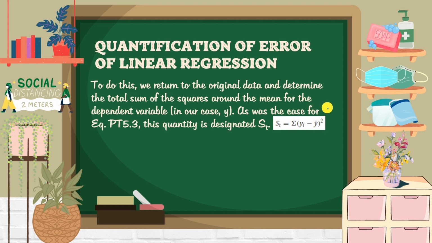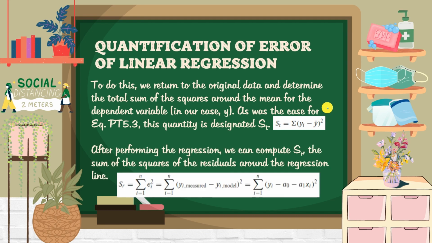This is the magnitude of the residual error associated with the dependent variable prior to regression. After performing the regression, we can compute S sub r, the sum of the squares of the residuals around the regression line. This characterizes the residual error that remains after the regression. It is therefore sometimes called the unexplained sum of the squares.